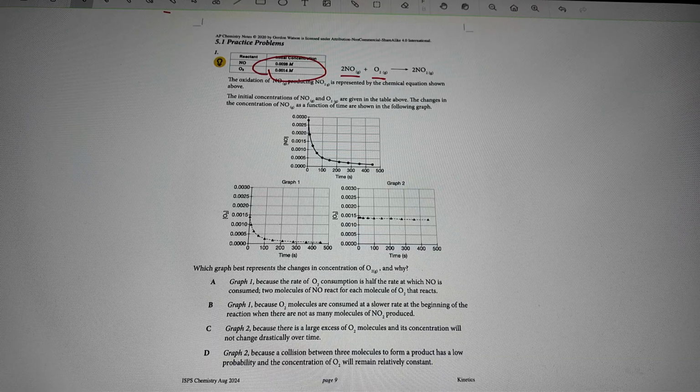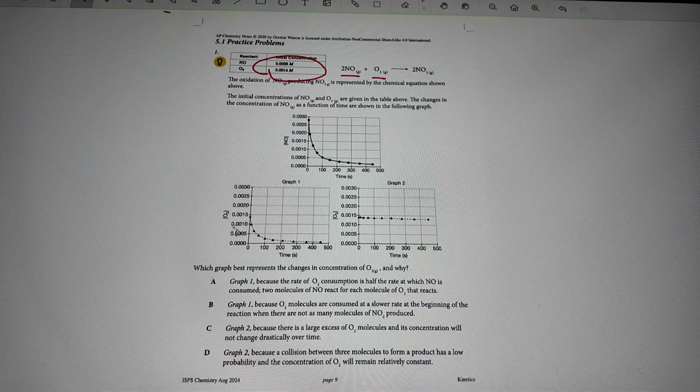So if the NO graph drops sharply, right, like this, it kind of drops rather quickly, we know that O2 should kind of do the same. This is an NO graph, and this is the O2 graph, right? It should do the same because they get used up at the same rate.